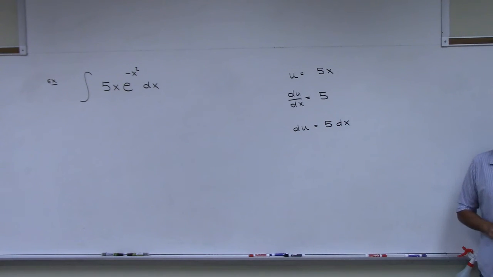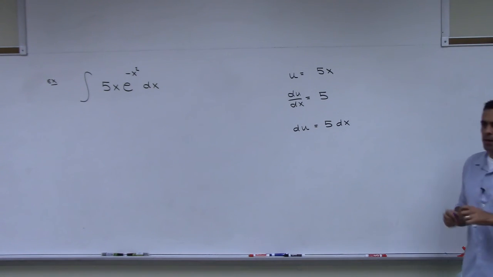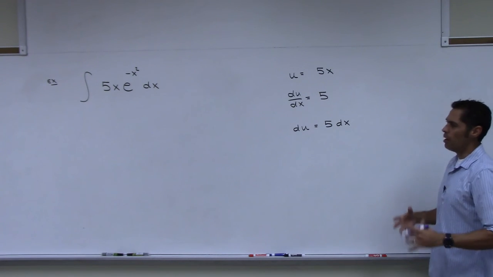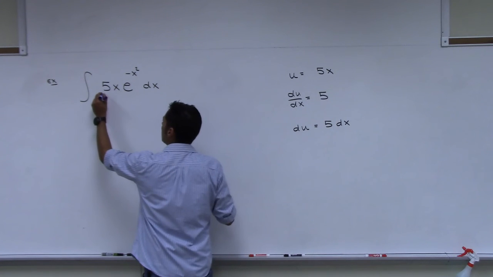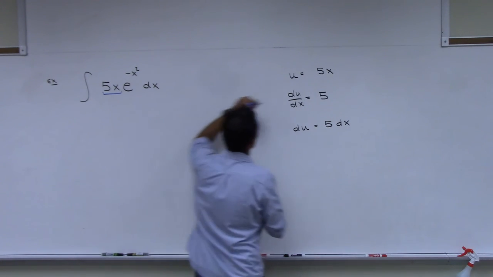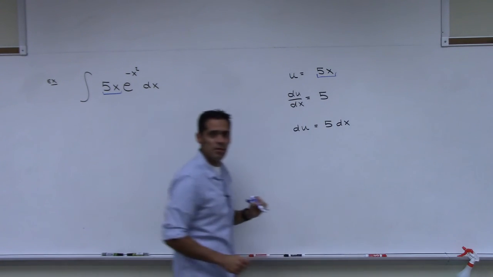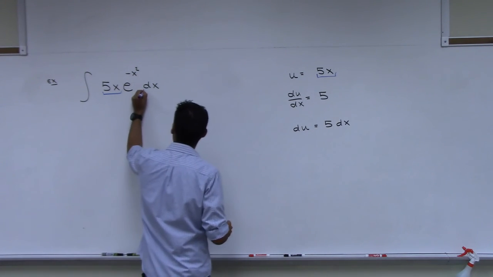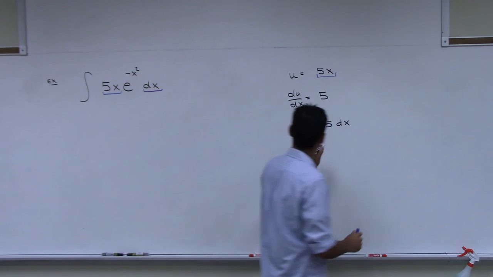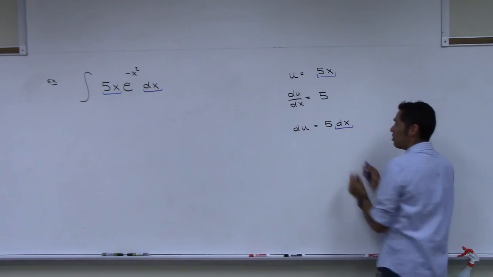Any questions there? Pay close attention to this problem. We might actually run into our first problem here, our first trouble. All right, I'm going to replace this 5x with u. So that's okay? I'm going to replace dx with, well, I've got to solve this, don't I?